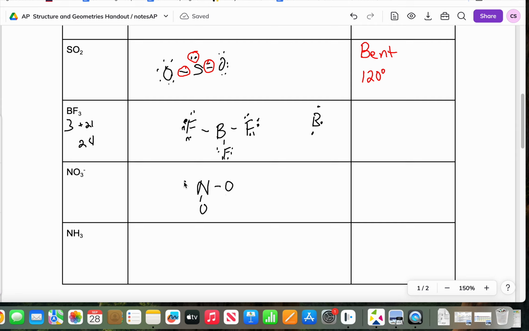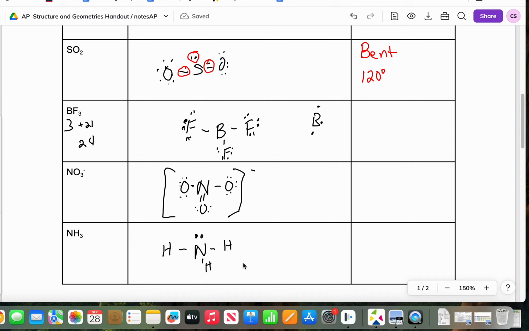If you remember, the nitrate has a double bond on one of them, and it looks like this in brackets. It's an ion like that. And NH3 would look like that.